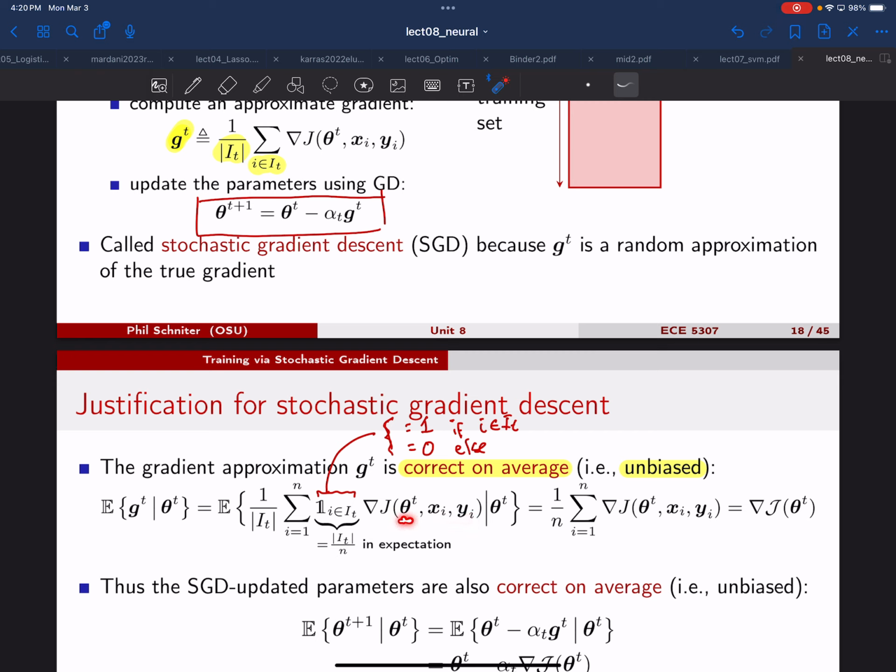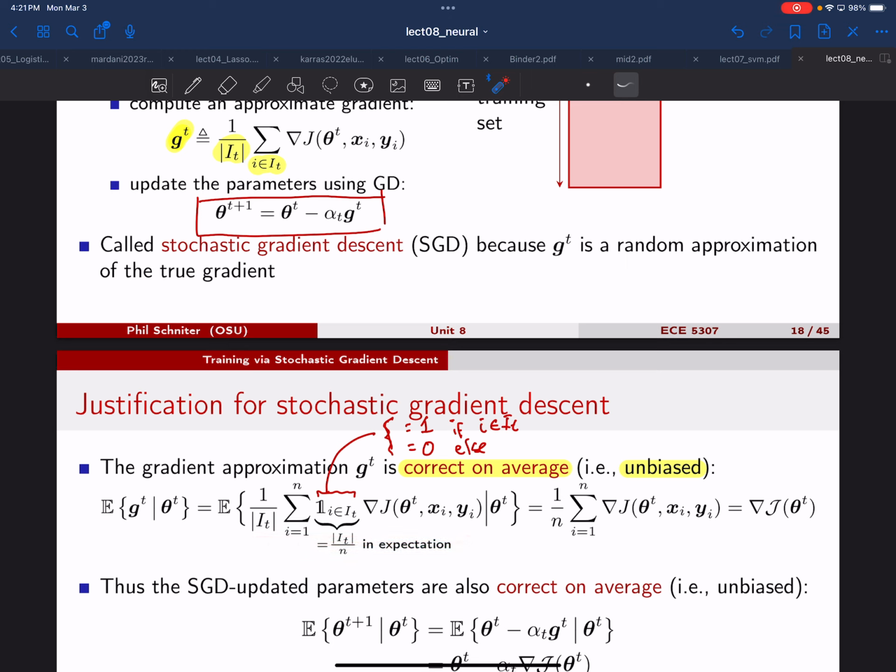Theta t is not random because we're conditioning on it. So the only thing left is the subset. So this subset is what's random. That's the thing we're taking the expectation over. Okay. So far we just basically transformed the expression above into here. Any questions on this part? Is everybody good with that?